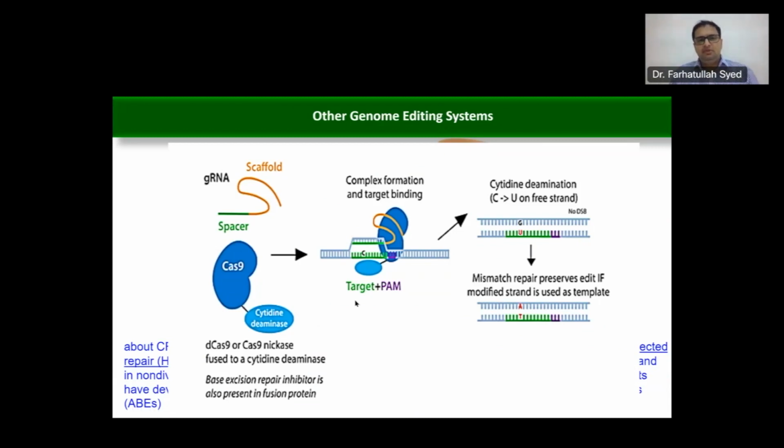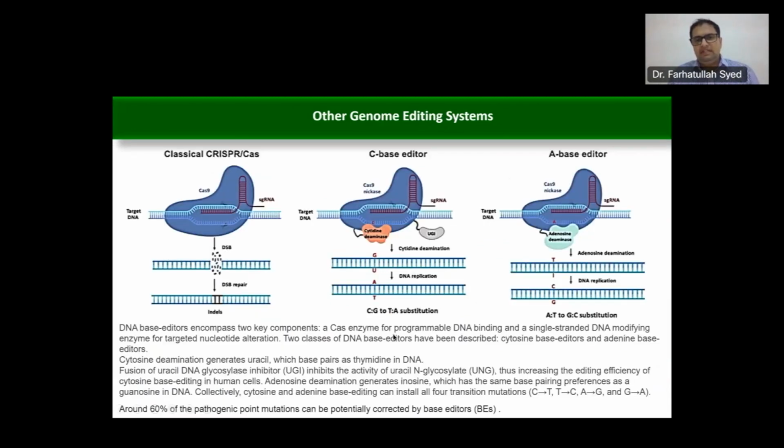Cytosine base editors generate uracil, which base pairs as thymidine in the DNA, replacing CG with TA substitution, and the adenine base editor replaces AT with GC substitution.